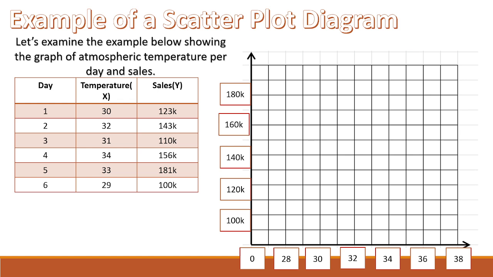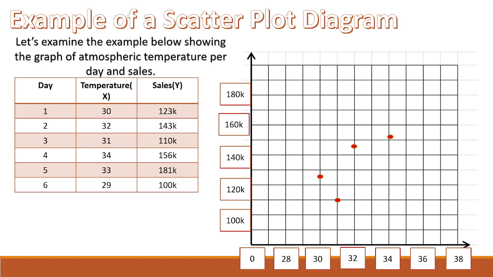Okay, then we will simply get the intersection between x and y. Okay, for example, we have 30 and 123,000. So, nandito siya. Okay, we have 32 and 143,000 nandito. 31 and then 110,000 nandito naman siya. And then 34 and yung last one, yung kanyang y is 156,000.